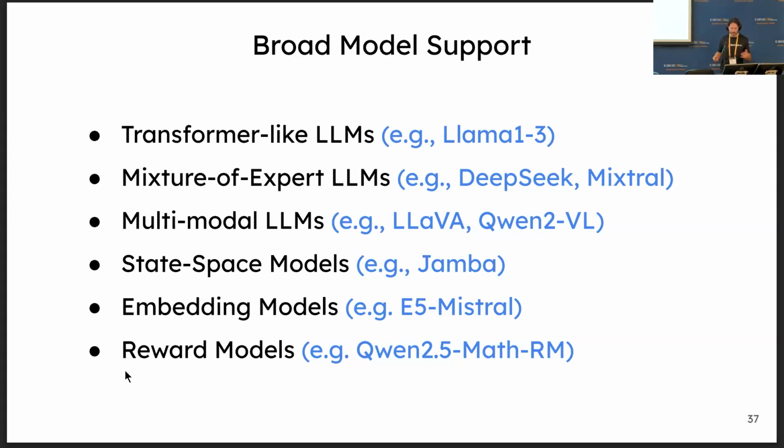And then reward models, which are used for post-training type workflows. So RLHF and things like this, like fine-tuning models, you have to have inference as part of that process, and so we work with a lot of those frameworks for doing this reward modeling as part of the post-training.